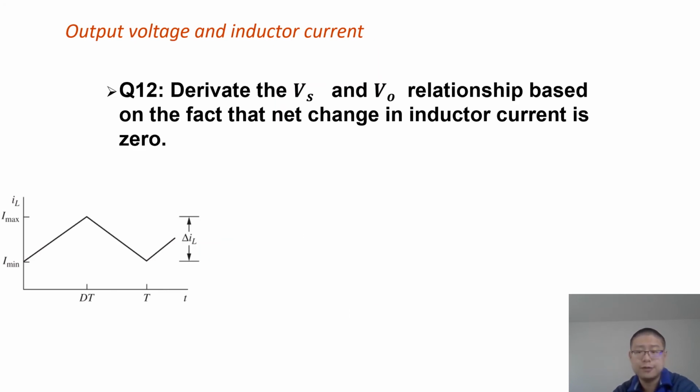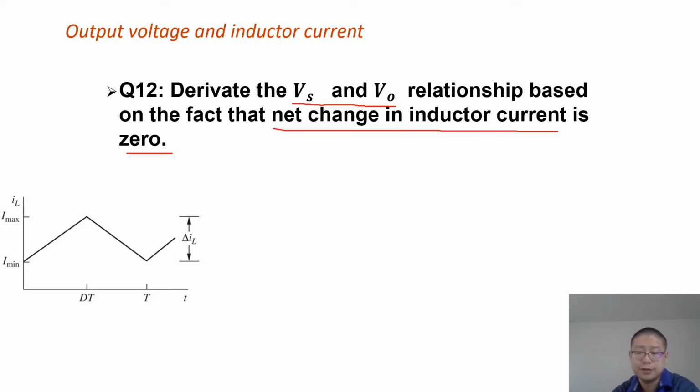Question 12 is the most important question for the boost converter. We need to derive the relationship between Vs and VO, that is, the relationship between input voltage and output voltage. So we need to use the fact that the net change in inductor current is 0.